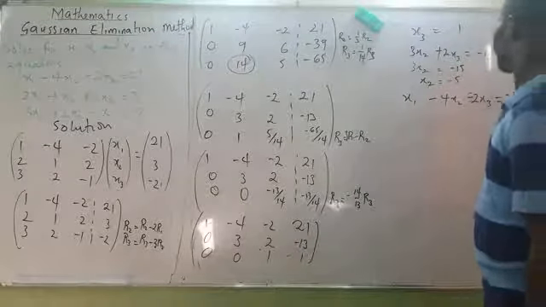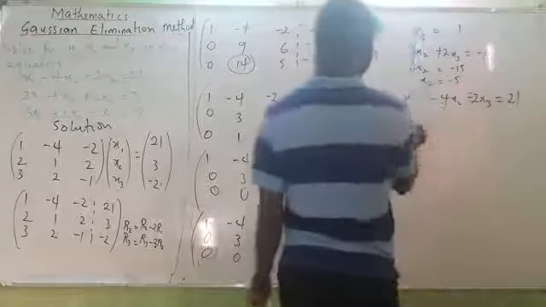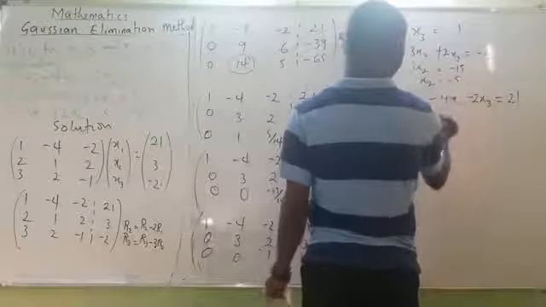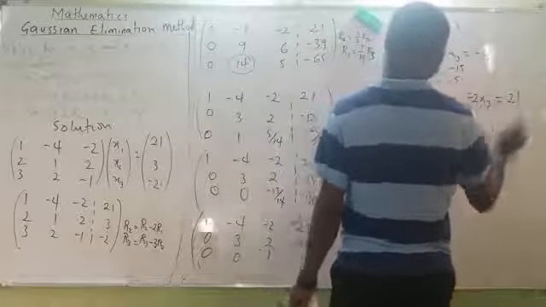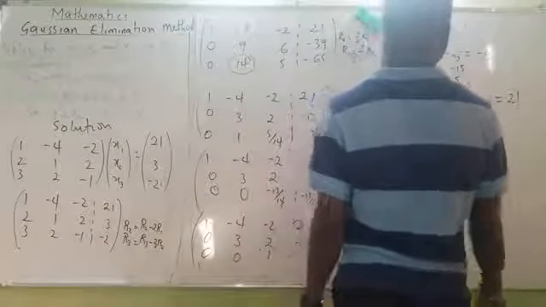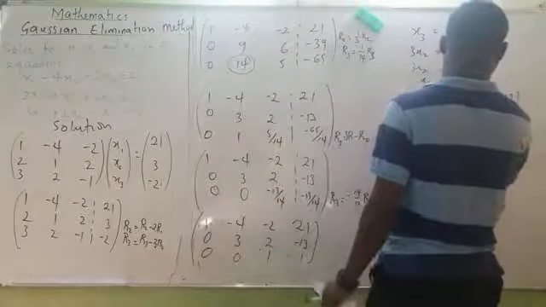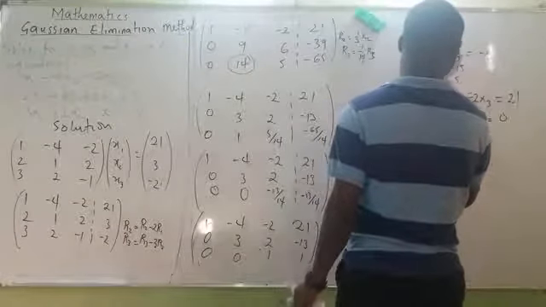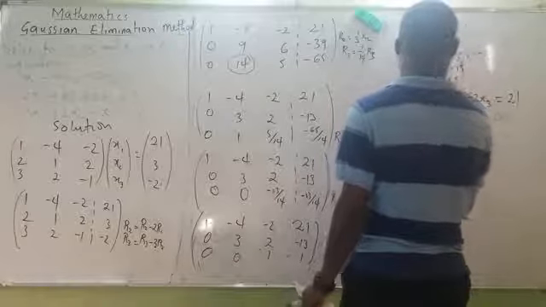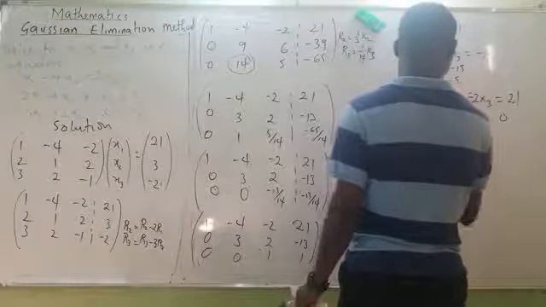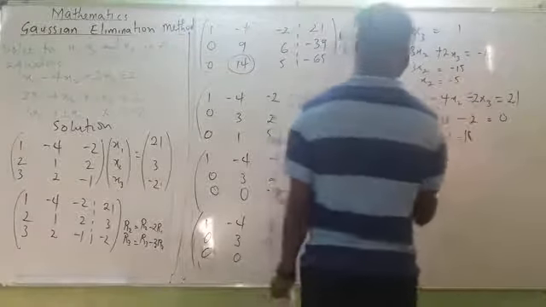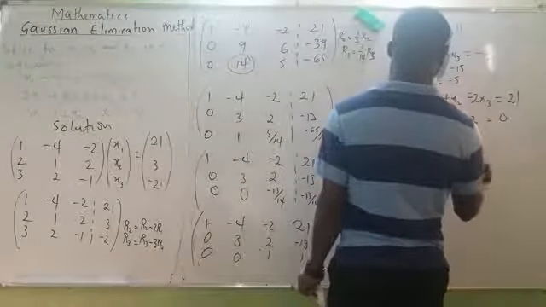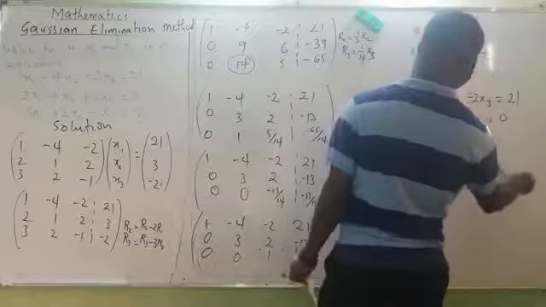Now, I think there won't be any problem by having x1 minus, which is going to be plus 20 minus 2 equals to 0, which is 18. x1 equals to 21 minus 18, which I will be having x1 equals to 3. Now, we have x1 equals to 3, x2 equals to minus 5, x3 equals to what?